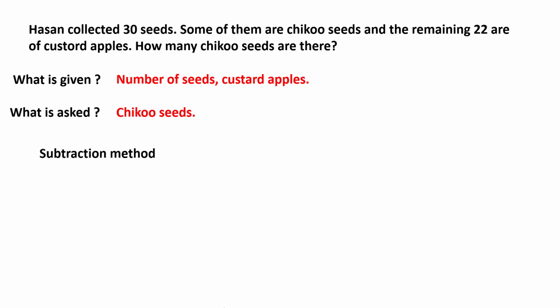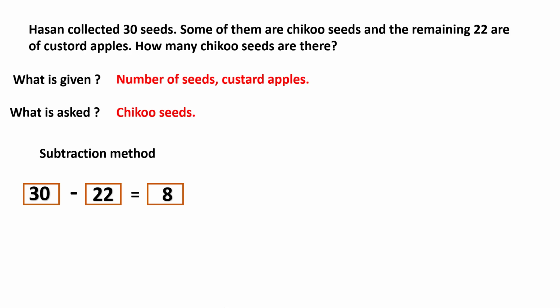So to get the answer, we use the subtraction method first. Number of seeds are 30 minus number of custard apples is 22. Both numbers we subtract and we get 30 minus 22. We can count forward from 22 up to 30 and we get the answer 8.